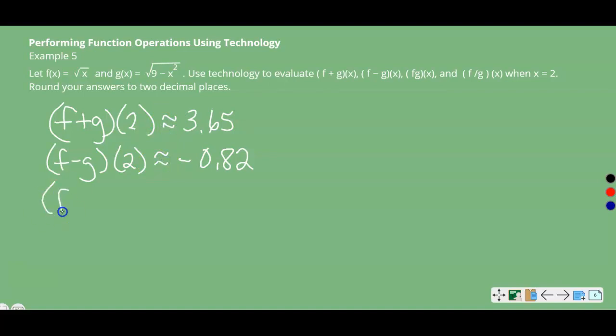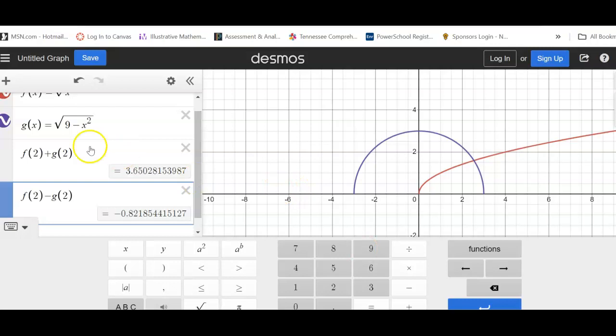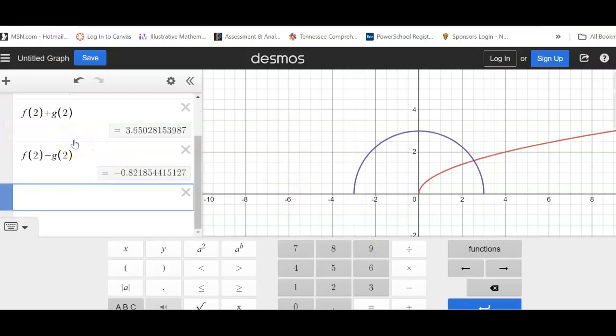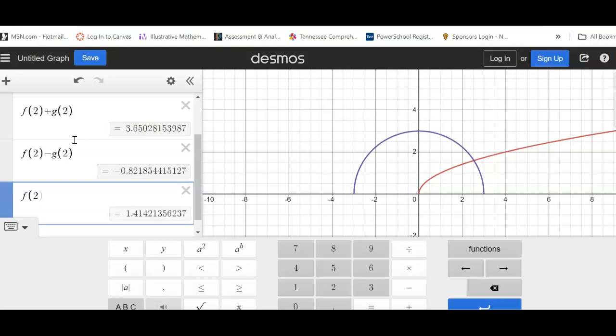All right, and now we need f times g of 2 and f divided by g of 2. And that's going to be about 3.16.